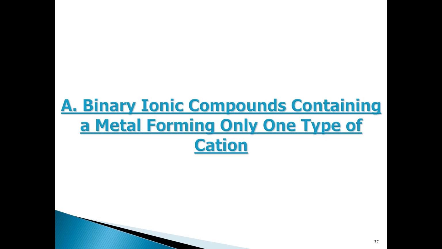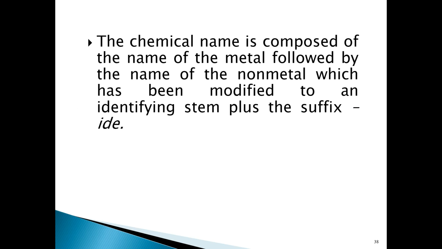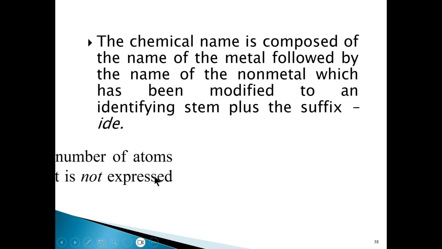That's a bit more complicated, and we're going to take some time discussing that. But for now, we're dealing with the situation where the metal involved can only form one type of cation.